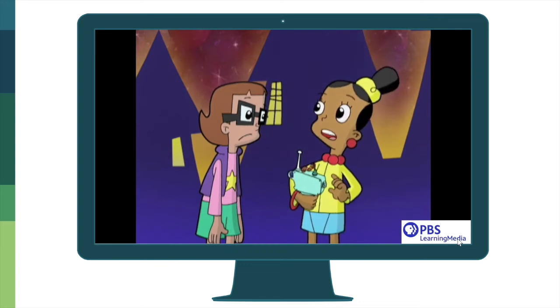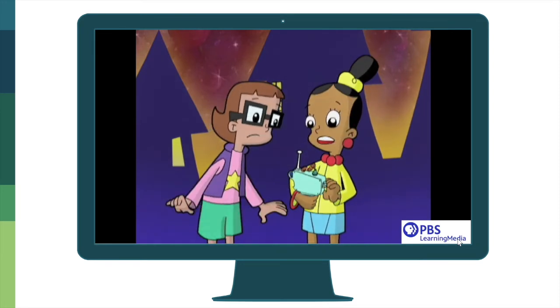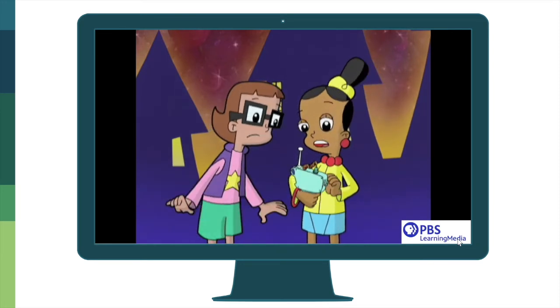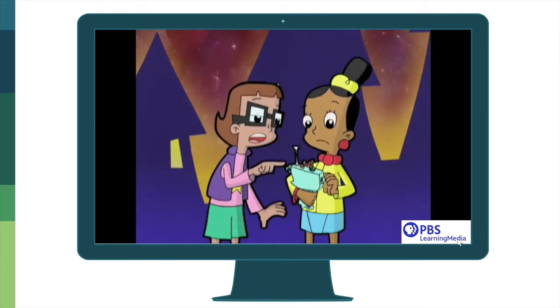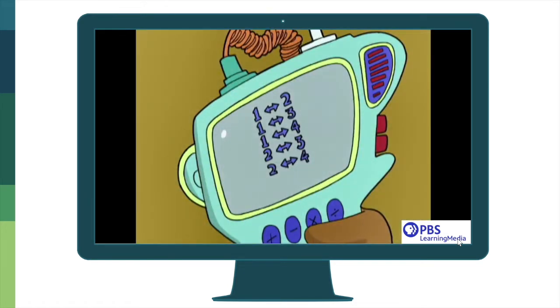Well, if we pick a 2, what other numbers go with it? A 2 and a 1, we've already got that. So the other pairs are a 2, 3, and a 2, 4. And what if we picked a 3 first? Then the only pair we don't have is a 3 and a 4. 1, 2, 3, 4, 5. There are only 6 different combinations.